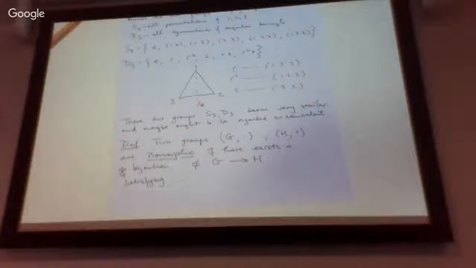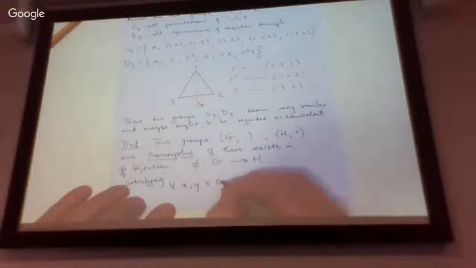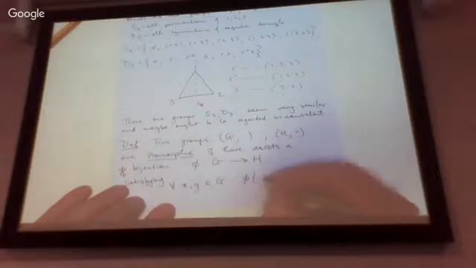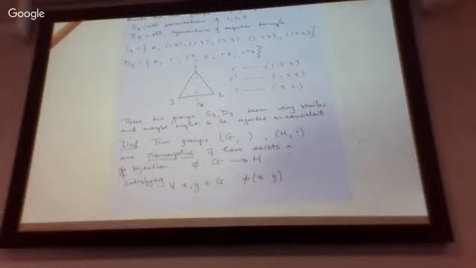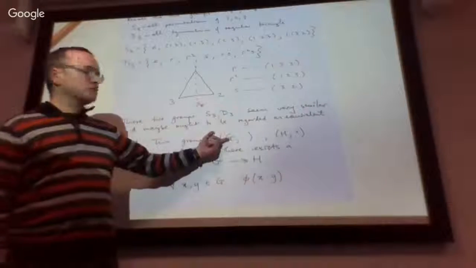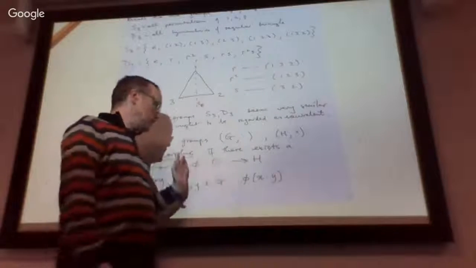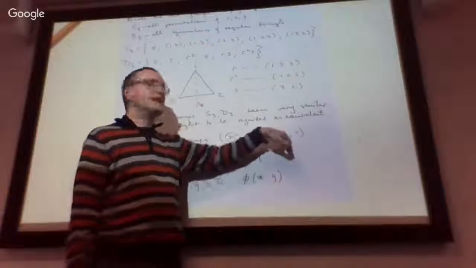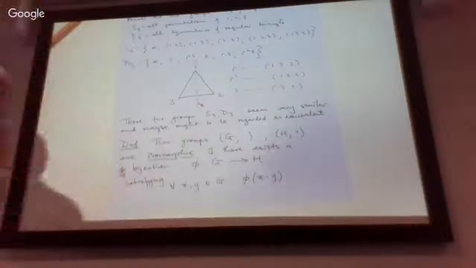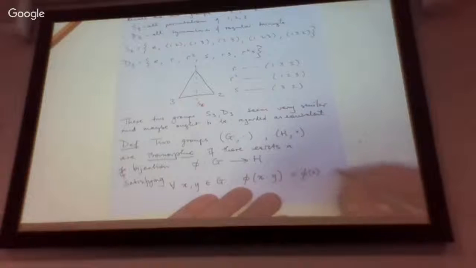Okay. So what that comes down to is this condition. For every pair of elements x and y in the set G, if you look at phi applied to the product x times y, now x and y are from the group G, so the product x times y is just some other element of G. Okay, so phi is a bijection, phi is going to send that product to some element of H. But we don't want it to be any old element of H. We want it to be the product of the two images, phi of x and phi of y.